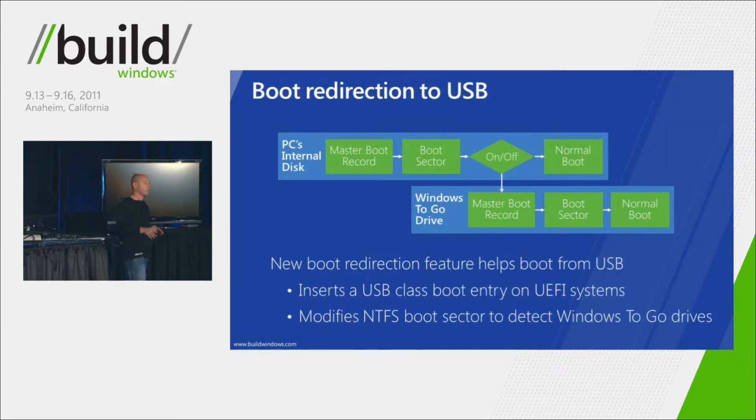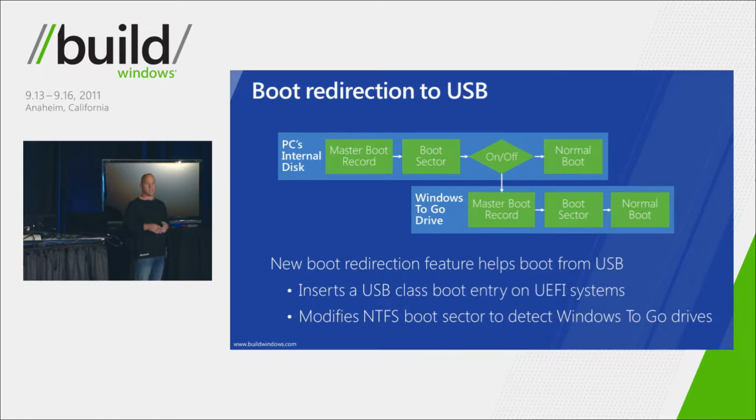Probably one of the most challenging issues that we'll have with Windows to Go is, how do you boot to USB? Because some machines boot to USB, some machines you need to go into the firmware and force the machine to boot USB. So it's a one-time change in the firmware, or there's a key sequence that you need to press, like F2, to get a boot menu.